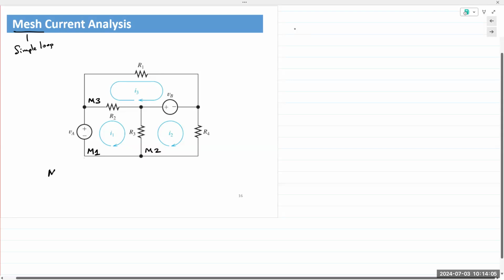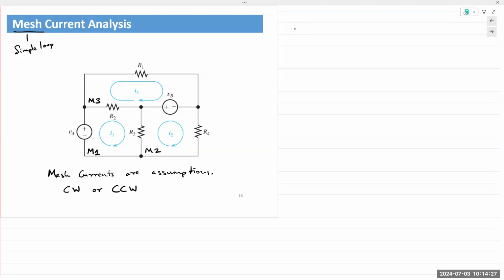Okay, so mesh currents are assumptions. You can assume a clockwise direction or a counterclockwise direction. Doesn't really matter. It's similar to the assumption of a reference node for node voltage analysis.